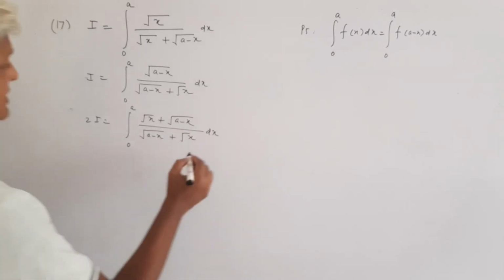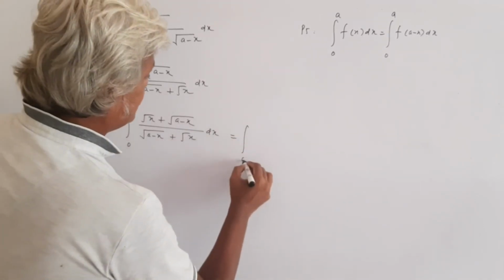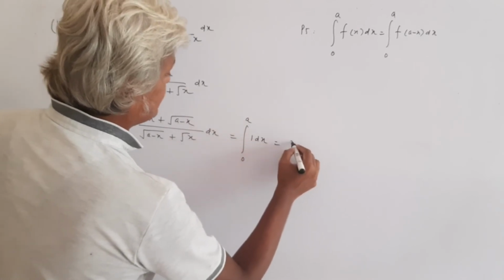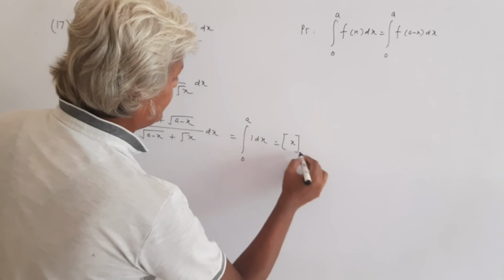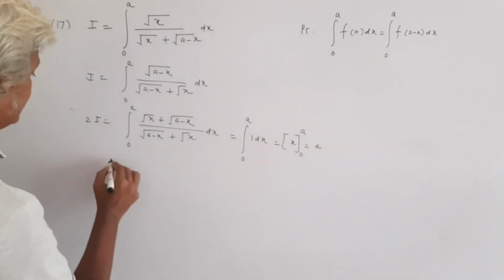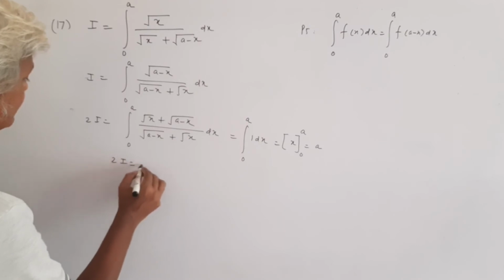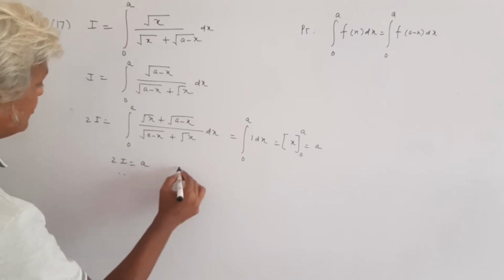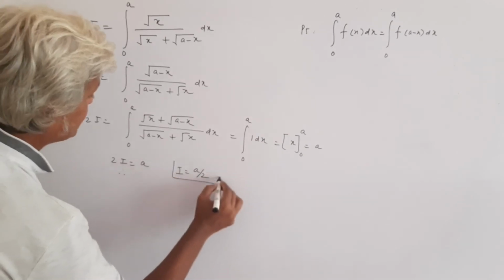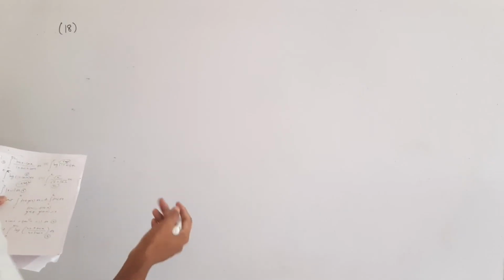So this is 1, so this is just 0 to a 1 dx. Its integration is x from 0 to a, that is a. So 2I equals a, therefore I will be just a over 2. This is the answer.